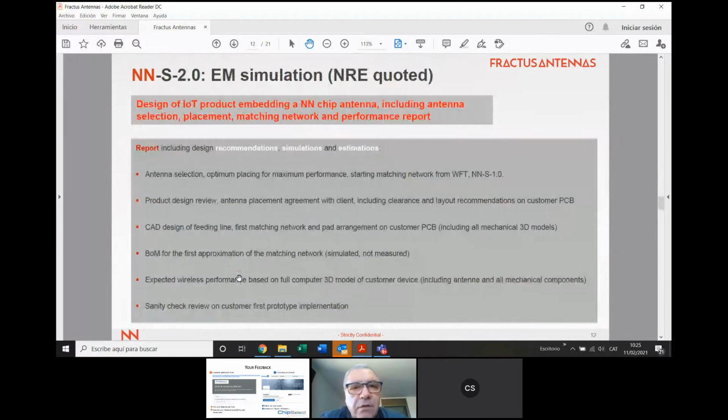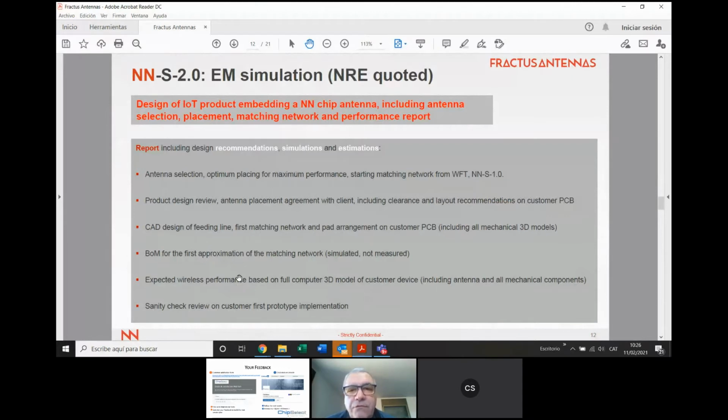So we go to the second service that we are calling the NNS 2.0, which is to make electromagnetic simulation of the IoT device with a PCB and antenna and the other components like the batteries, LCDs, metals, enclosures, covers, whatever.